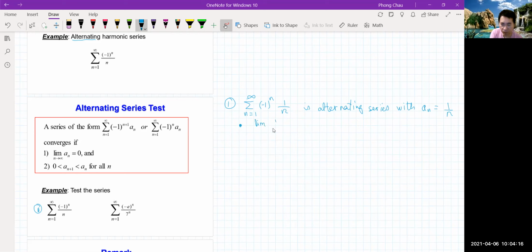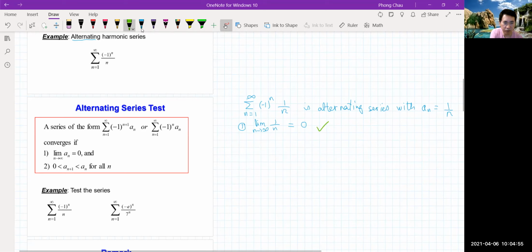Let me change the labeling; I want to call this condition 1. Condition 1: is the limit of a sub n, 1 over n, as n approaches infinity, equal to 0? Is it true? Yes. If n goes to infinity, the fraction is going to approach 0. So that definitely checks.